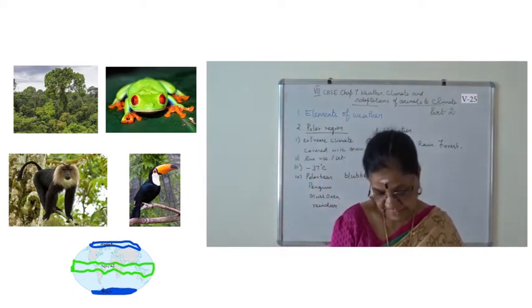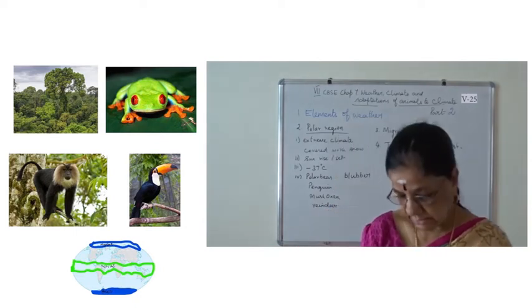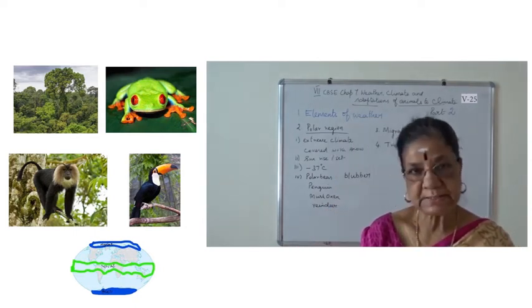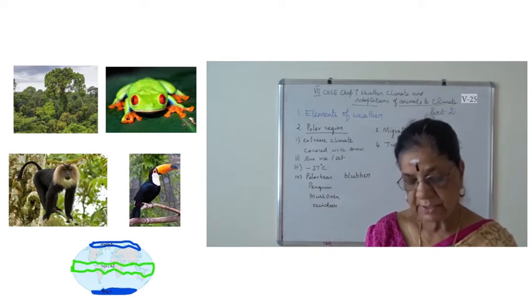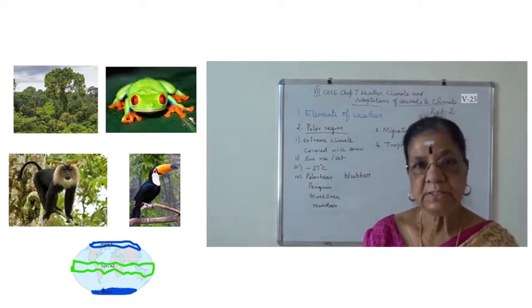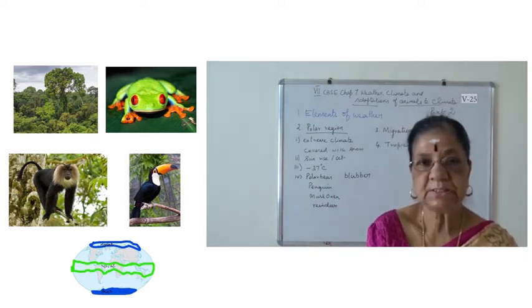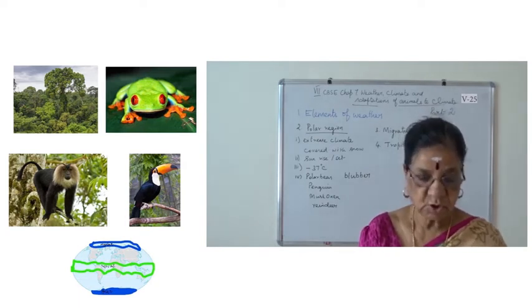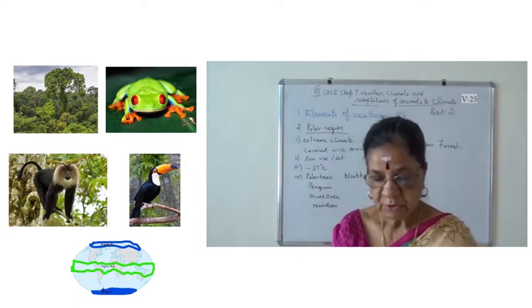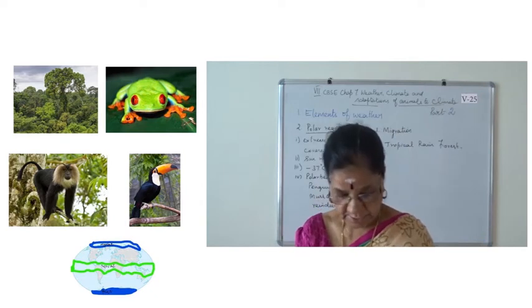So animals that live in hot and dry climates like deserts show several adaptations to deal with extreme temperature and shortage of water. First we study hot and dry climate.